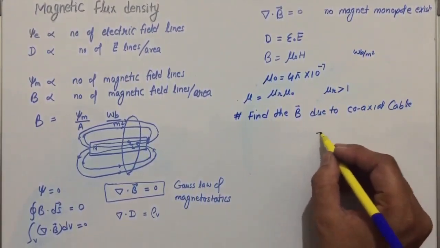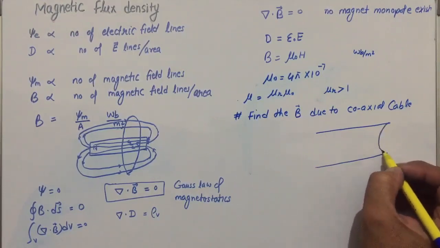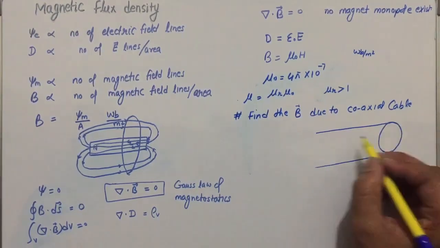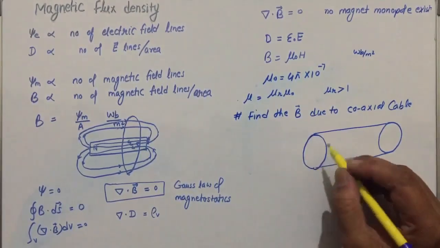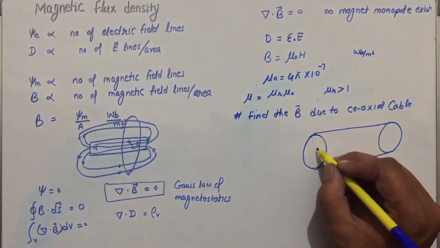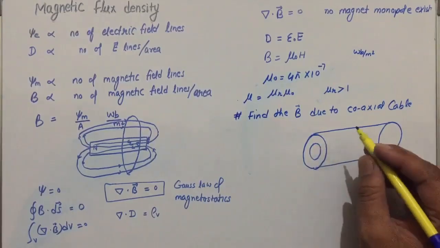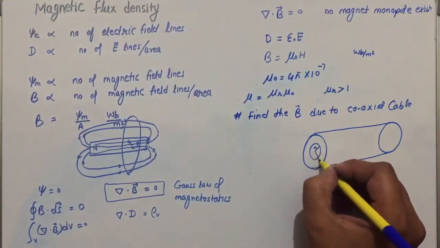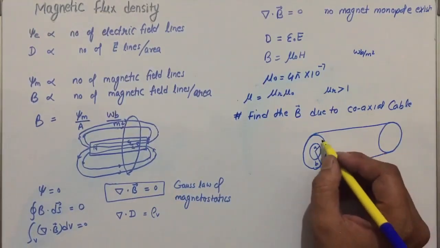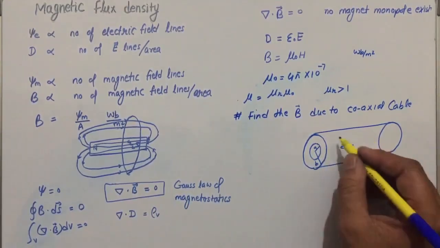There is a cable of outer radius B and inner radius A, this is A and this is B, and the current that is flowing is I.